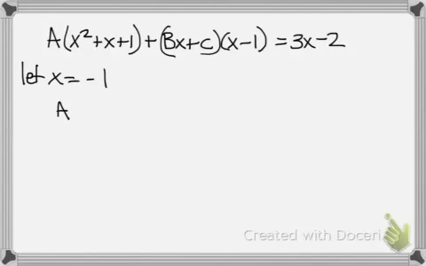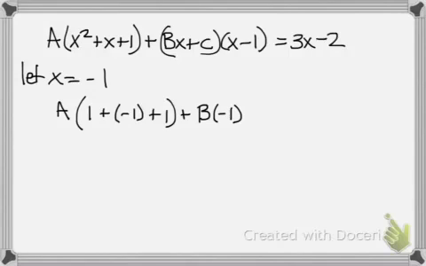So we have a, and then if we plug negative 1 in, you get negative 1 squared is 1, minus 1 plus 1 is just 1. Then b times negative 1 is going to be negative b, plus c times negative 1 minus 1, which is negative 2, equals 3 times negative 1 minus 2, which gives me negative 5.